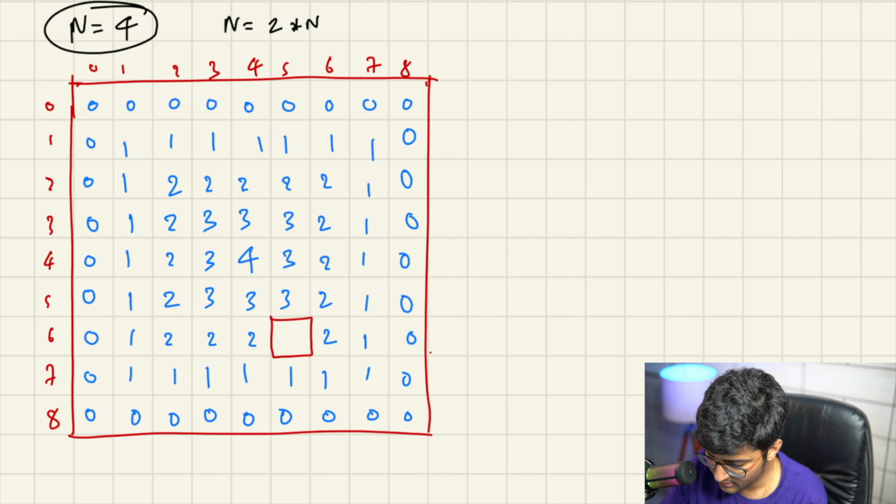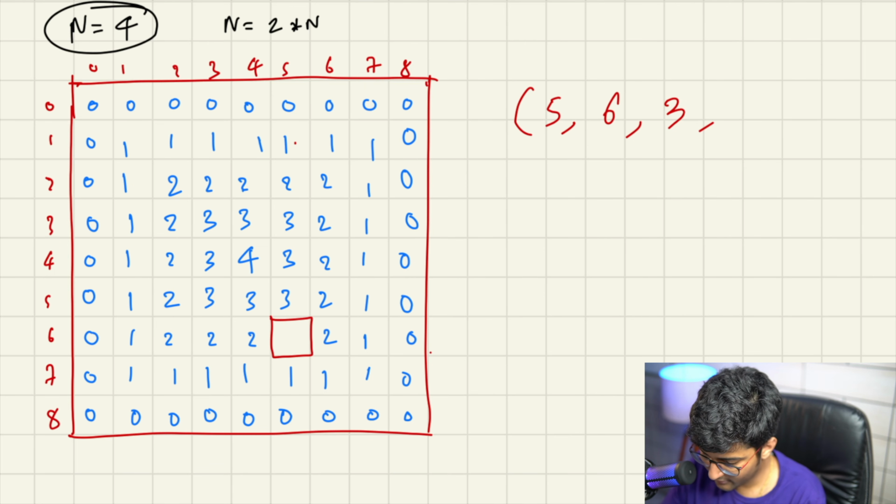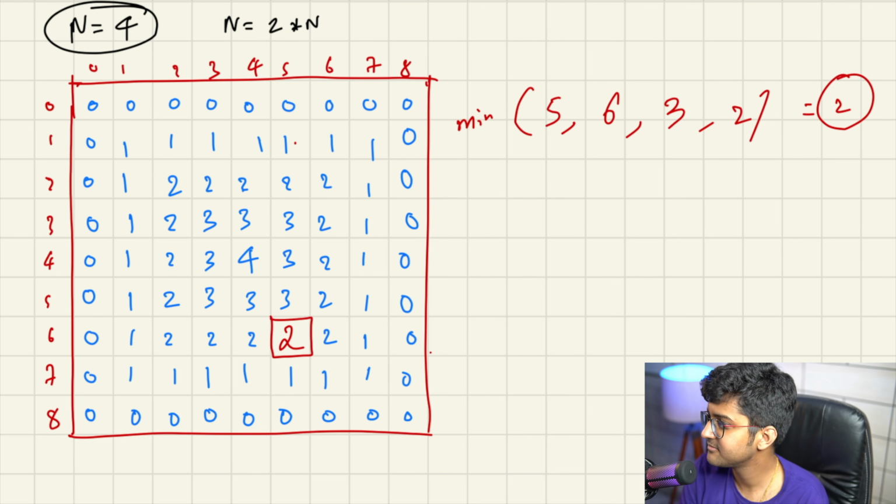From left wall, the distance is 1, 2, 3, 4, 5. From top wall, the distance is 1, 2, 3, 4, 5, 6. From right wall, the distance is 1, 2, 3. From bottom wall, the distance is 1 and 2. What is the minimum of all of these things? 2. That is our answer over here.